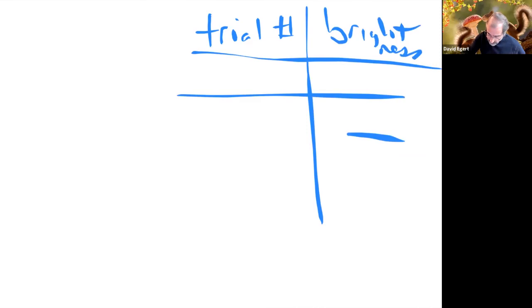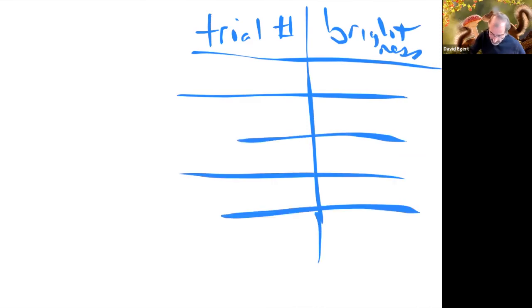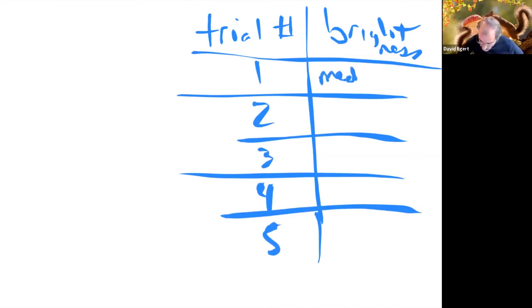And basically the data that you're going to have for trials 1, 2, 3, 4, and 5 is going to start with medium, which we're going to call light level 3. Then it goes to the super bright, which we call light level 5. Then we went to dim, which was 2.